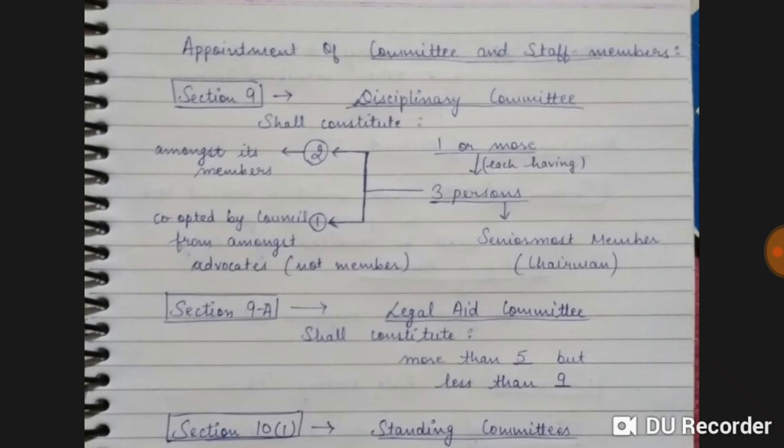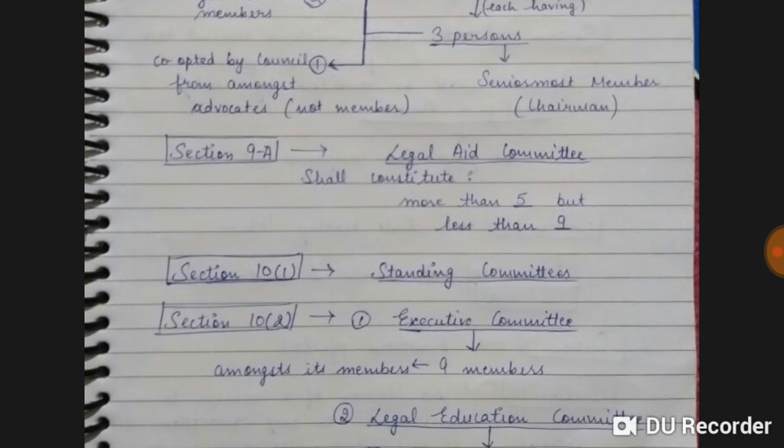Any advocate which the Bar Council thinks is a deserving candidate, and that advocate shall not be a member of the Bar Council. And among those 3 persons, whichever is the senior most member, he will become the chairman of the disciplinary committee.